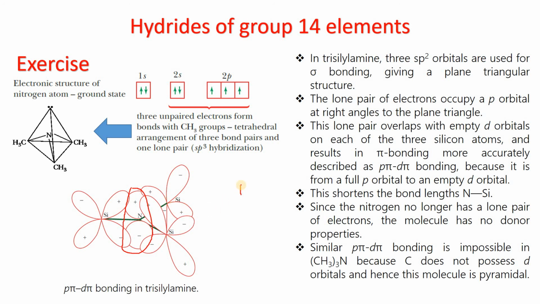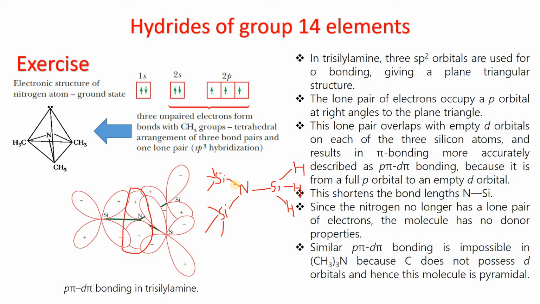The expression is like this: nitrogen forms sp2, so it is planar, silicon, and there are further 3 hydrogens. This is silicon, there are 3 hydrogens, silicon, and there are 3 hydrogens.